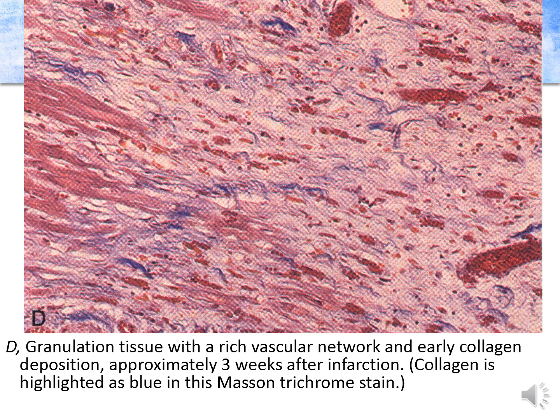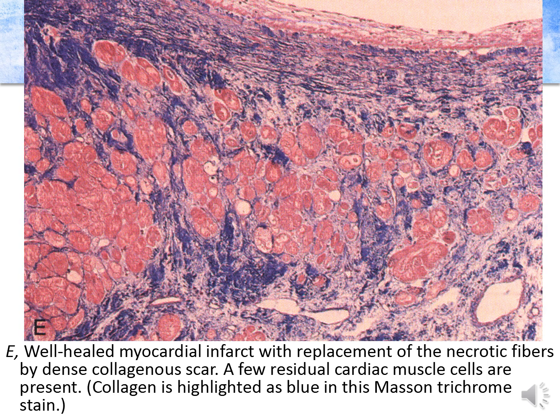Collagen is highlighted as blue in this Masson trichrome stain. So bluish staining is a network of early collagen fibers. Here you see a well-healed myocardial infarct with replacement of the necrotic fibers by dense collagenous scar.